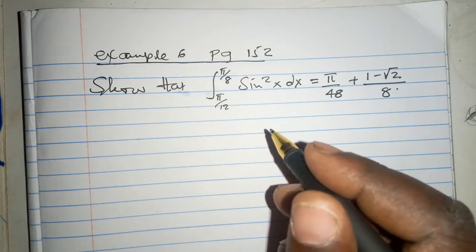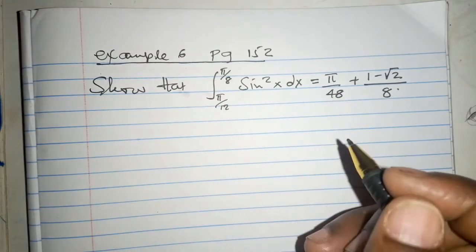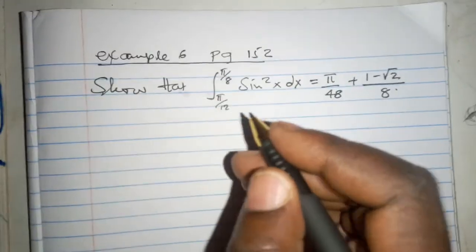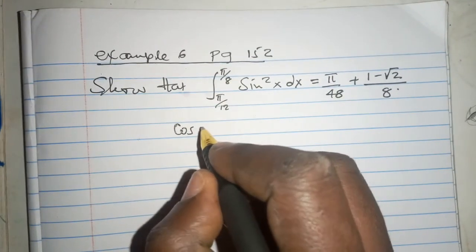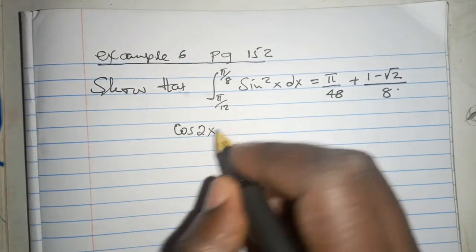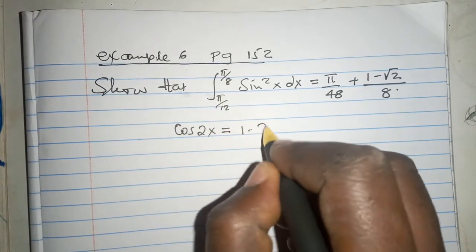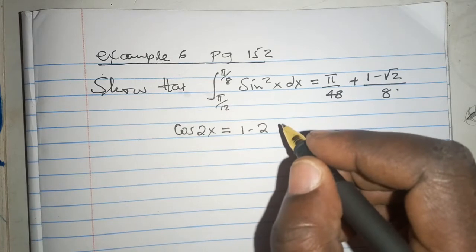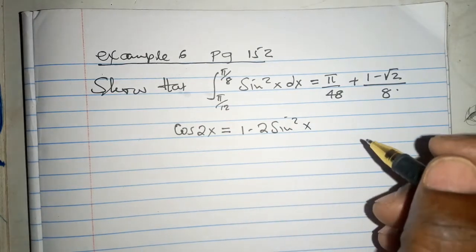The very obvious one that is going to help us here is that cosine of 2x is given by 1 minus 2 sine squared x.